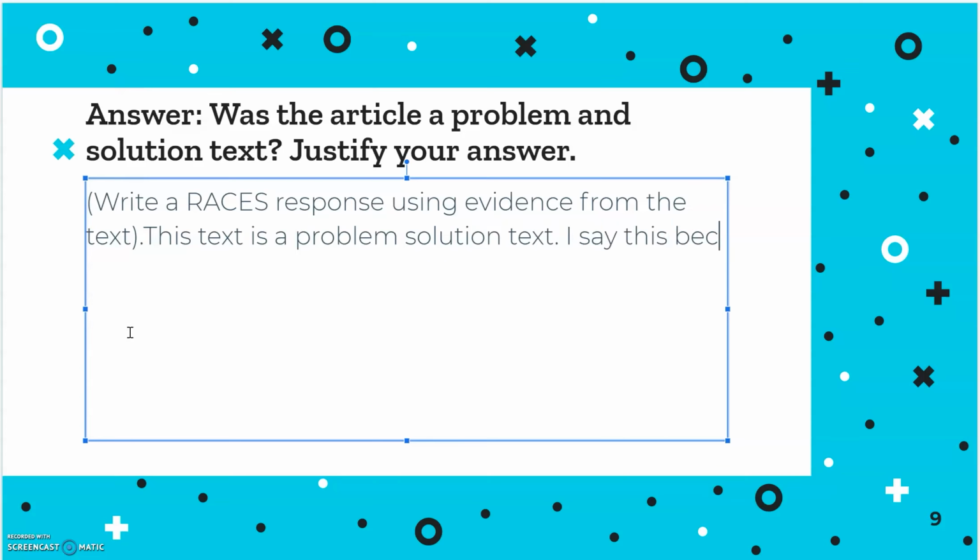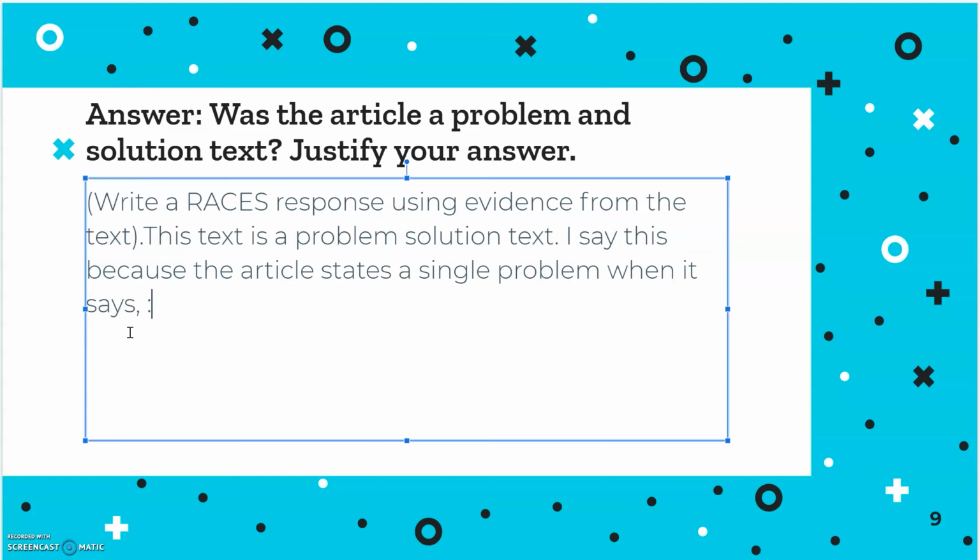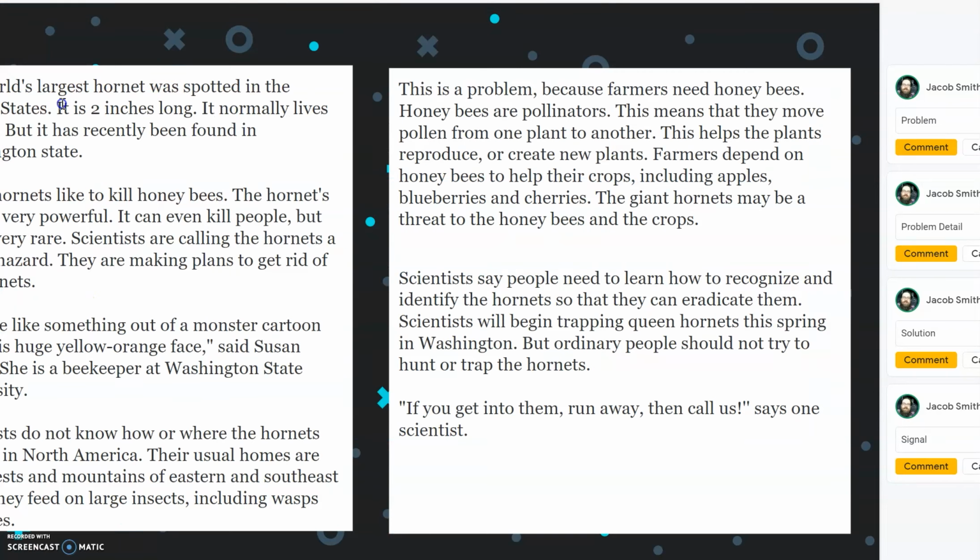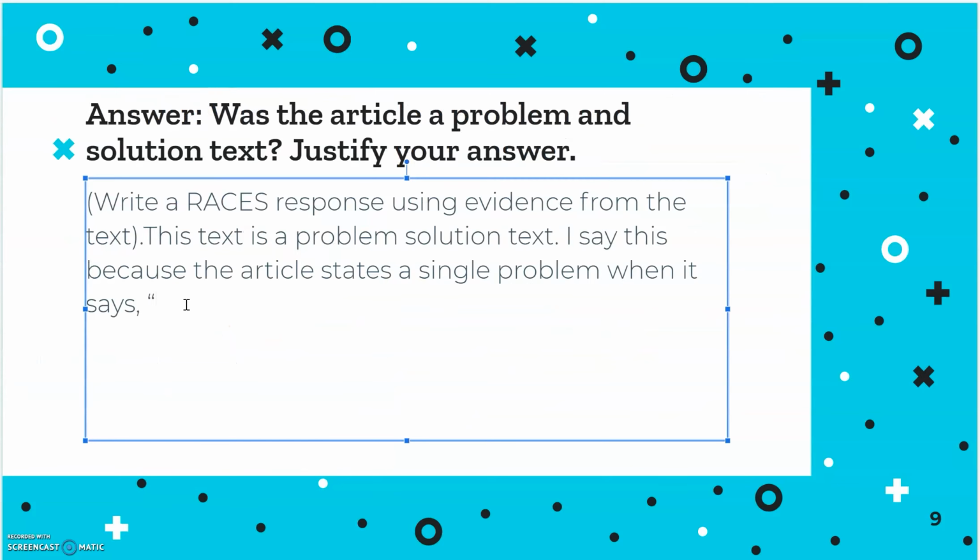I say this because the article states a single problem when it says, and then I'm going to go get that evidence. Where is it? It's when it says, this is a problem, blah, blah, blah. They feed on large insects, wasps, and bees, right? So I might use that piece of evidence right there.